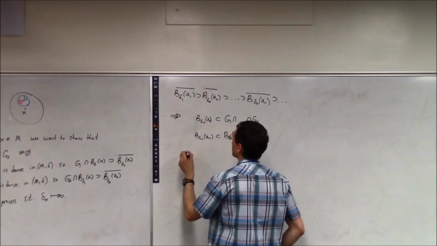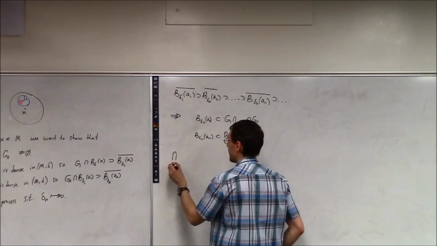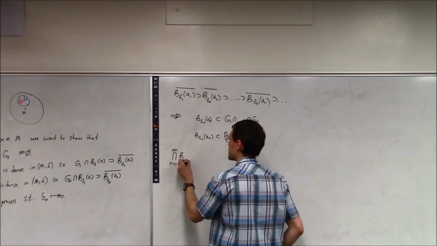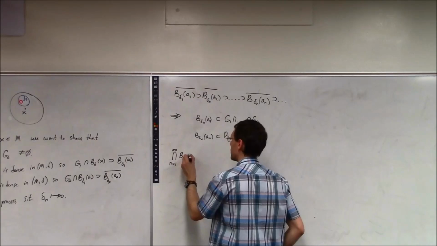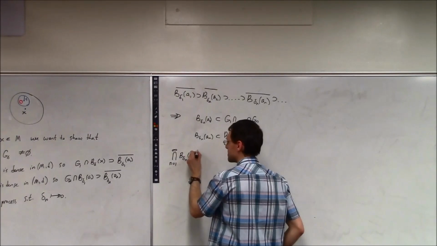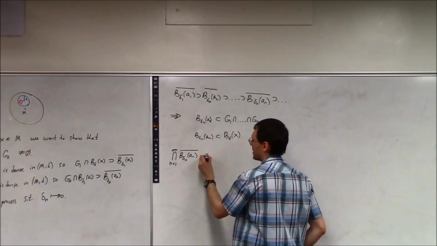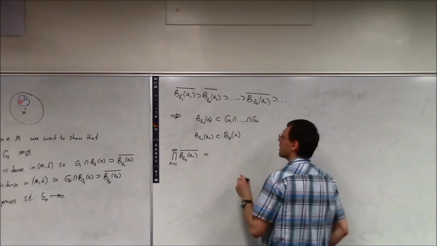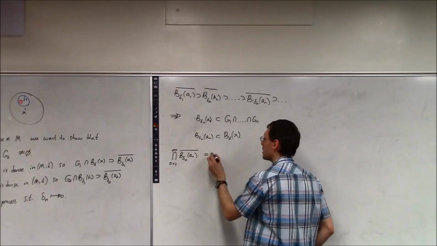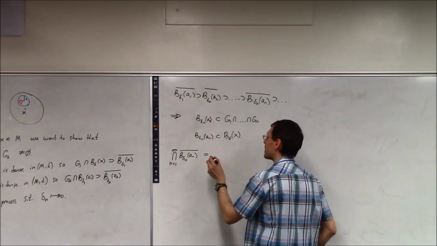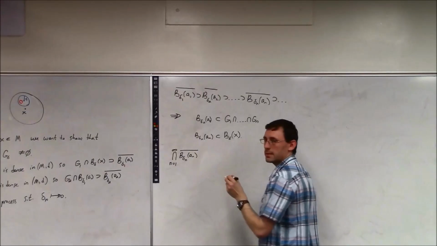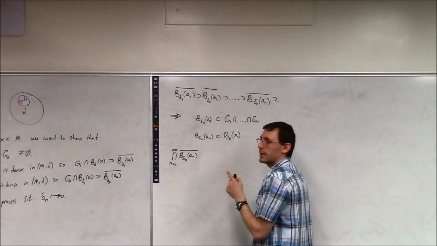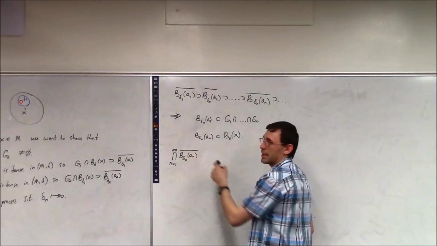Now what's going to be the limit? What's going to be the intersection from n equals 1 to infinity of those balls? And I notice I placed closure over them. It's going to be a non-empty set. Usually it's a point, but actually I don't know that those sets are compact yet, because I don't know if they are totally bounded. But the intersection will be a non-empty set.